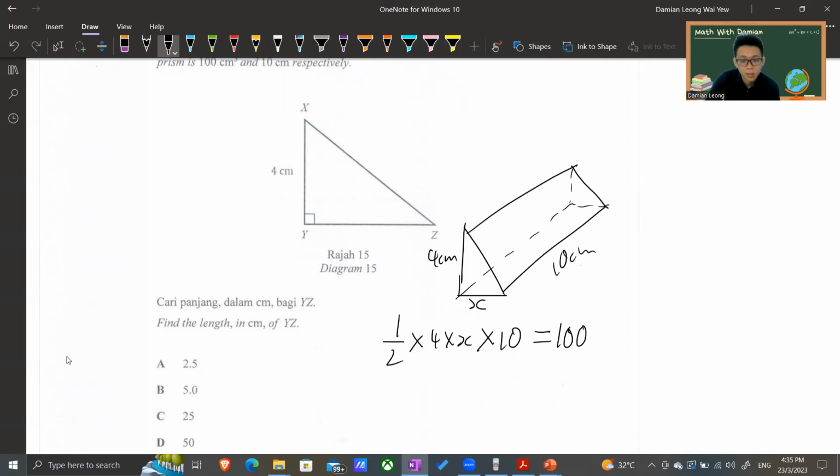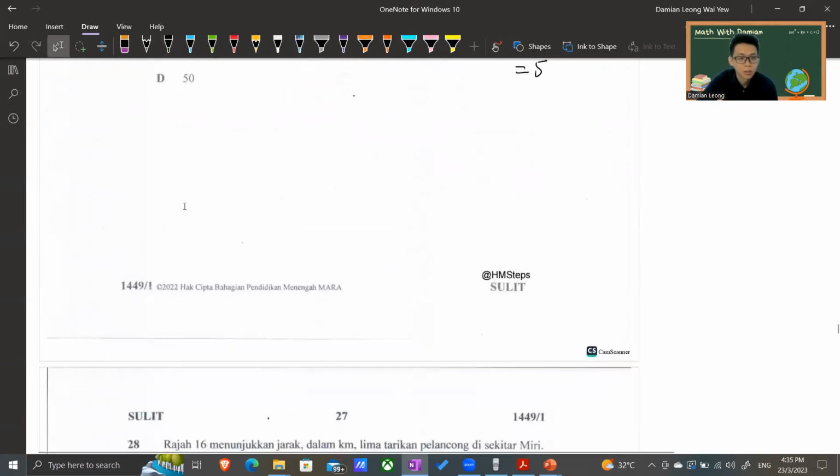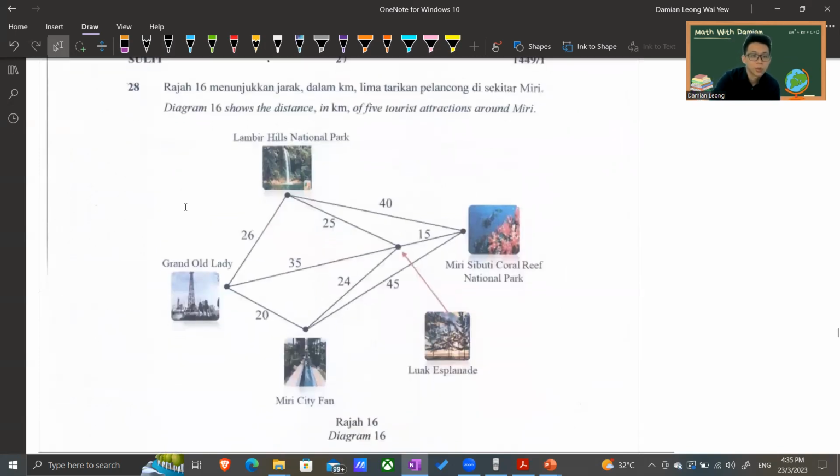So this is 20x equals 100, bring over 20 to the other side, divide, x is 5. So the length of YZ is 5. Answer B. Okay. And question 28.